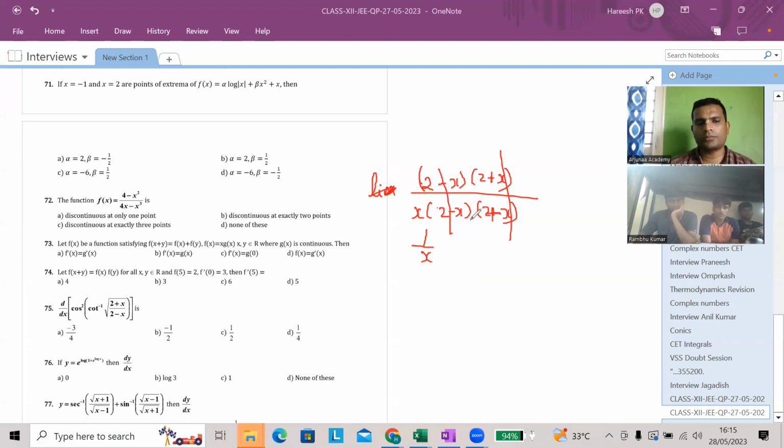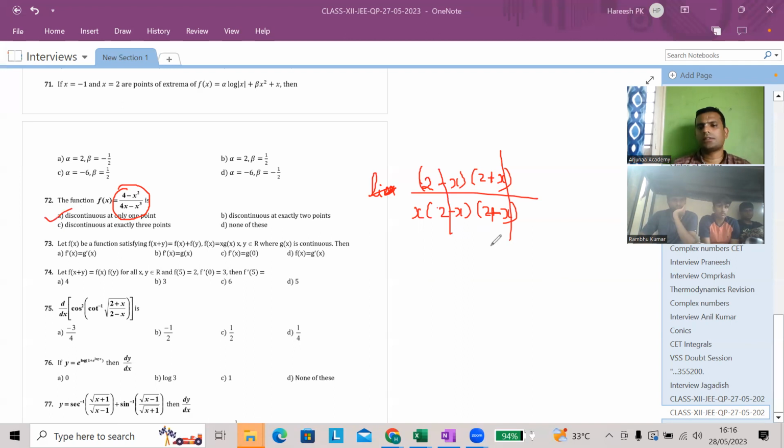Now let us check for continuity at 2 and minus 2. I think there's a mistake in the answer key. It is discontinuous only at 1 point.